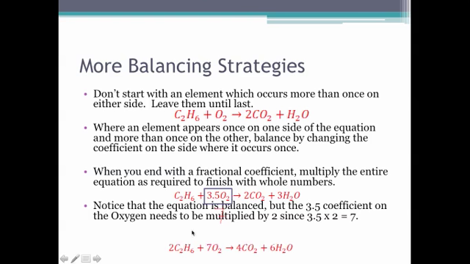And there it is. You can see I've multiplied everything through by 2, so I've now got a 2 in front of this because 2 1s are 2. 2 times 3.5 is 7, there it is. 2 2s are 4, 3 2s are 6. So that's another little strategy you can use, which is to use fractions.